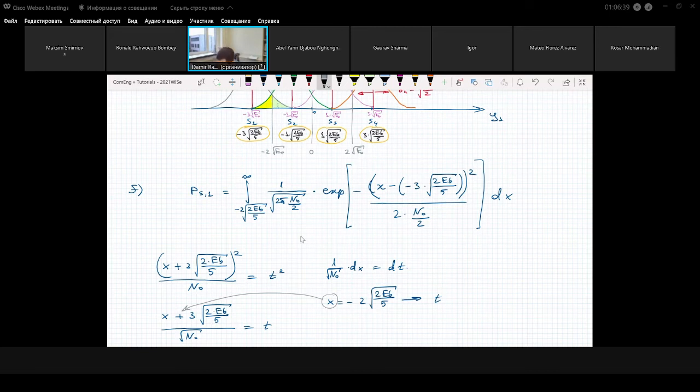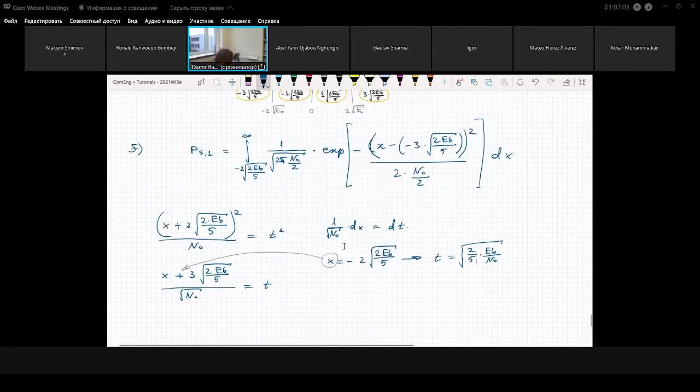If we do this, we see that the corresponding t will be 2 times the square root of EB divided by N0, divided by 5, the whole expression under the square root. This corresponds to the new variable's lower limit. And when x goes to plus infinity, t also goes to plus infinity, so the upper limit will be the same as before.